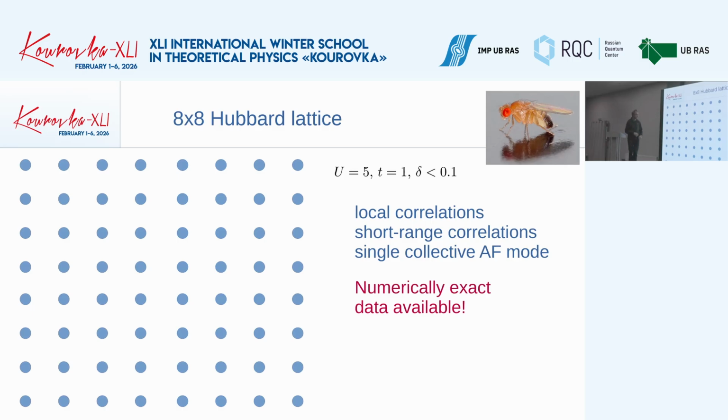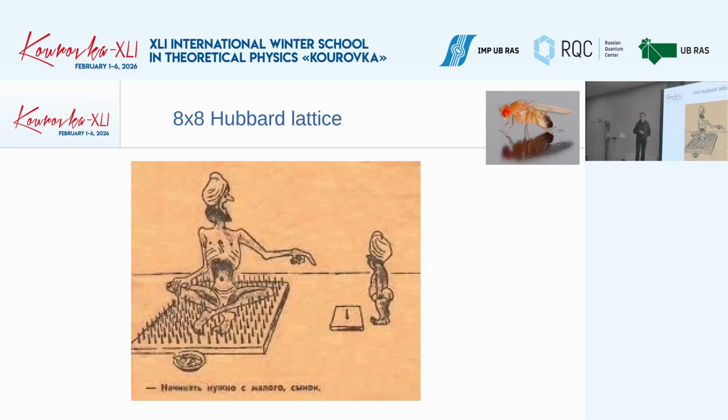On the other hand, I will take U equal to 5t, so this is a pretty strongly correlated system. In a certain sense, it's simple. In another sense, it's not as simple. Sometimes the simplified systems are more difficult than the big ones.